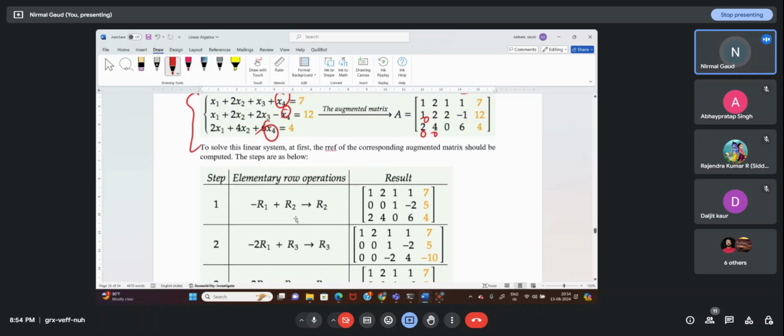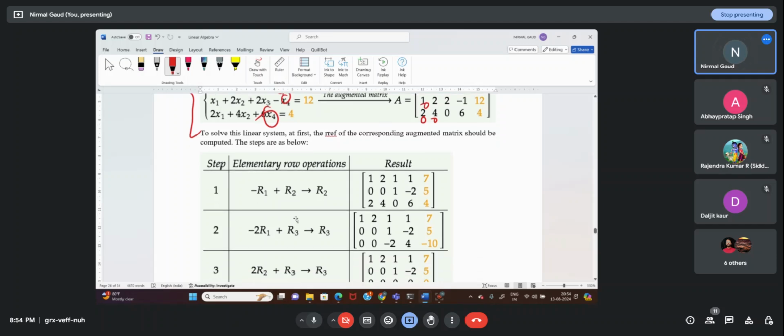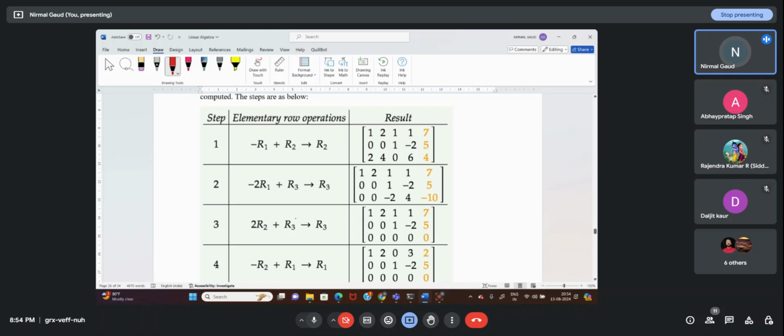Minus r1 plus r2 equal to r2, minus row 1 plus row 2 equal to row 2. So we made these two 0. Then we applied minus row 1 plus row 3 equal to row 3. So we made these also 0.